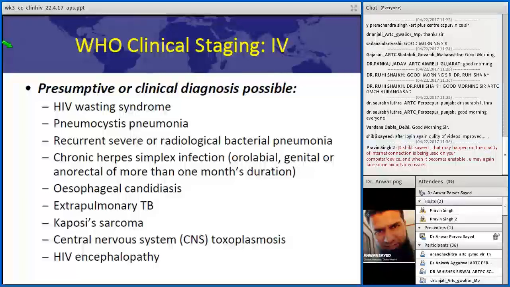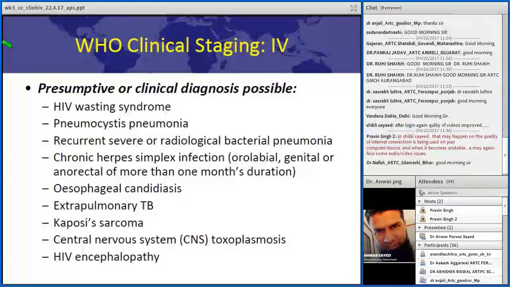So in most of the situations, extrapulmonary TB also is diagnosed as a clinical diagnosis. Then Kaposi sarcoma, again lab facilities are not very well equipped to document Kaposi sarcoma. Again, lab diagnosis itself is a difficult thing to be done.